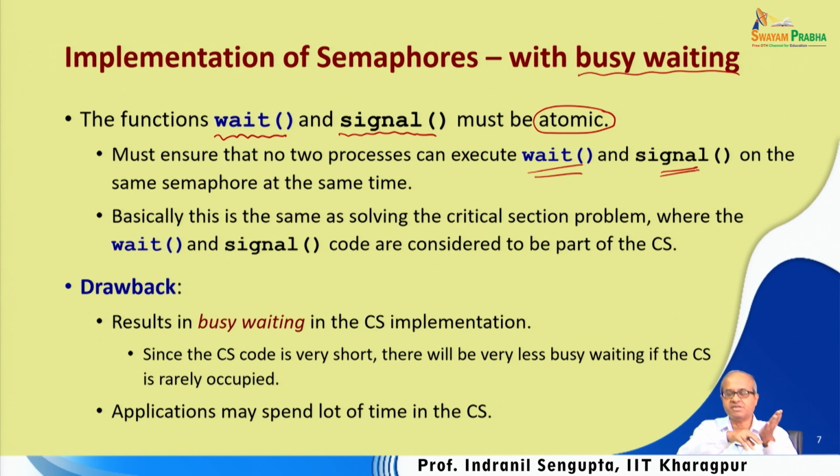While one process is executing wait on S, another process cannot at the same time execute wait or signal on S, because they are atomic. While wait is working, no other process should be able to execute. So, the execution of wait and signal must be mutually exclusive in time. Basically, you are trying to make wait and signal atomic.